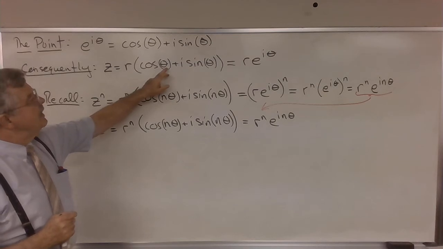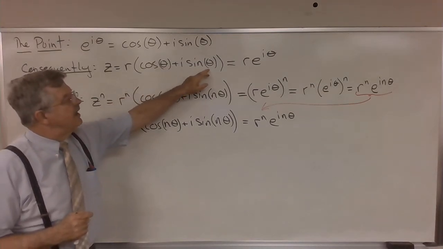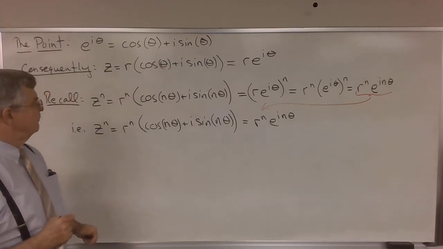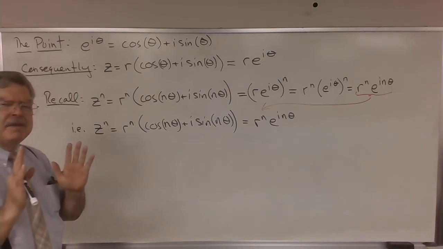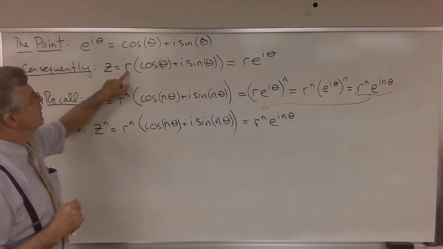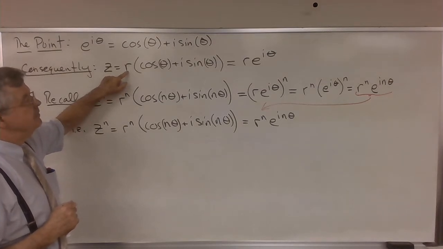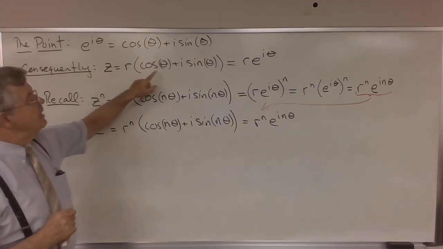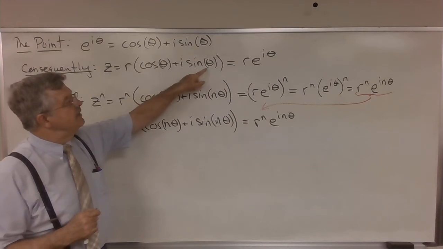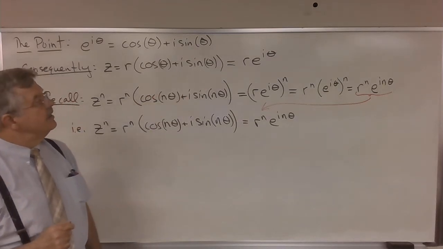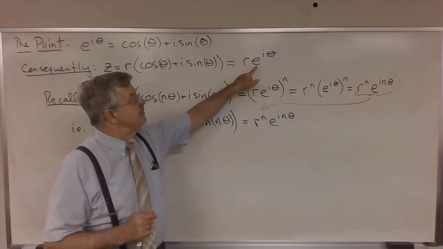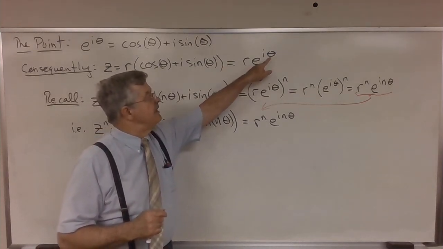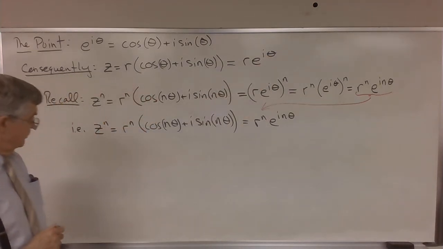Let me be more general. A magnitude, r, times cosine of an angle plus i sine of an angle is equal to r times e to the power of i times that angle.